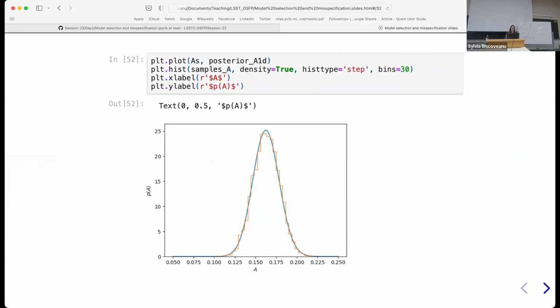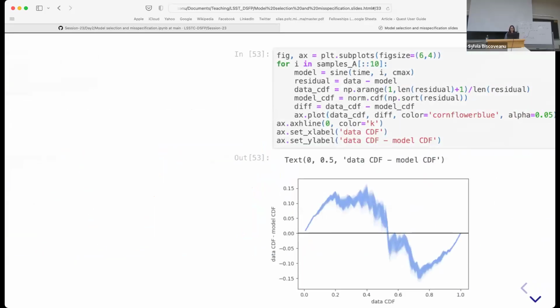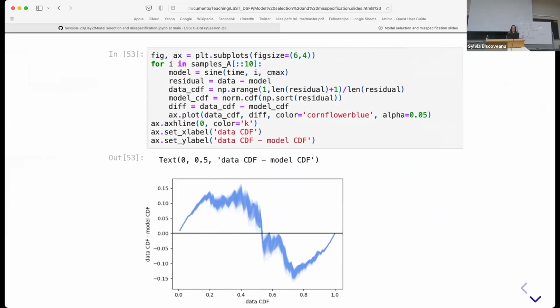So we are generating samples from this angular frequency parameter, and we make the same plot, and this is what we get. So we can see that systematically the model CDF and the data CDF are not matching each other, and the offset between them is always similar. It follows the same shape, regardless of which particular posterior sample we've drawn.